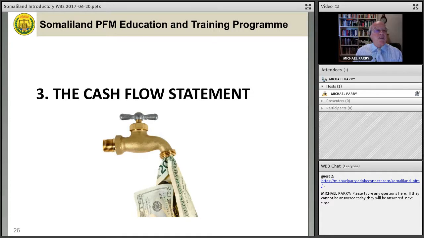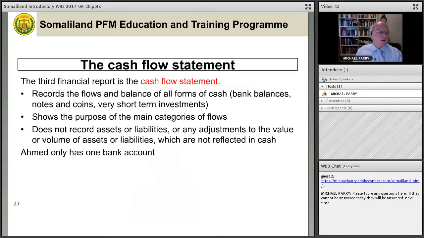The third is the cash flow statement. Cash flow statement records the flows and balances of all forms of cash. And if you recall in Workbook 1, we defined cash as being notes and coins, bank balances, and very short-term, highly liquid investments, normally investments that mature in less than 3 months.